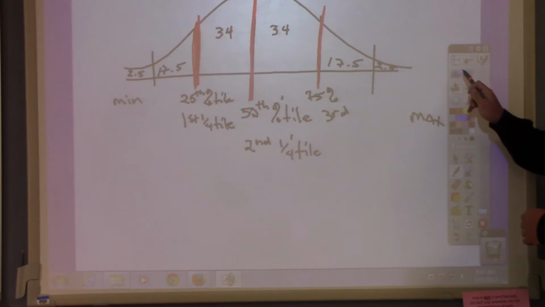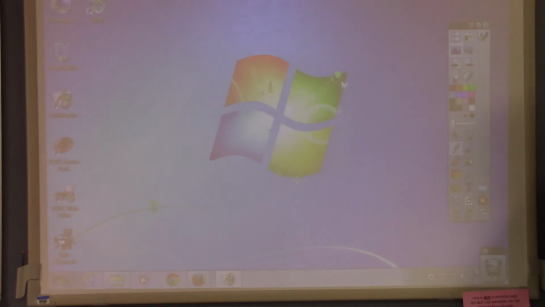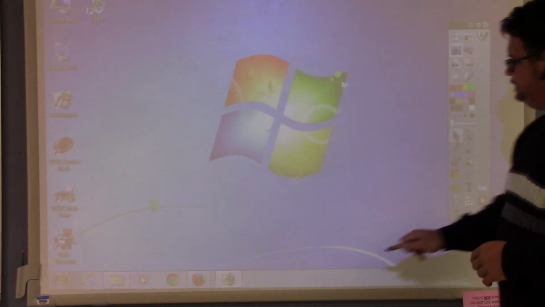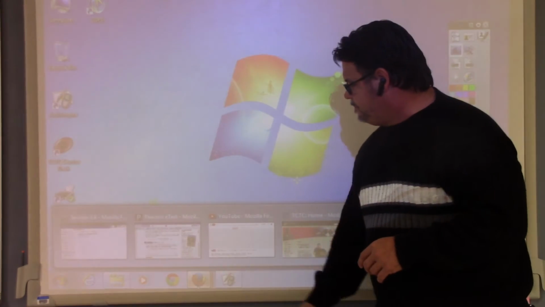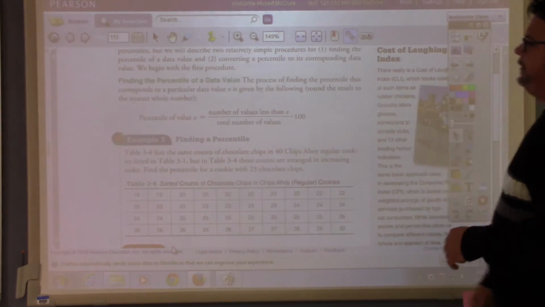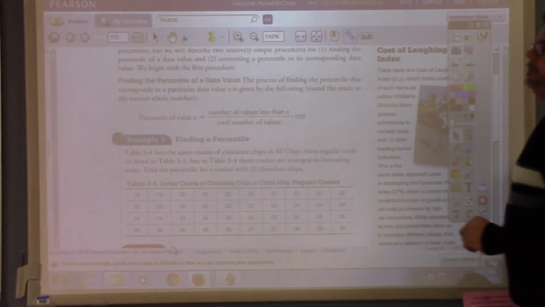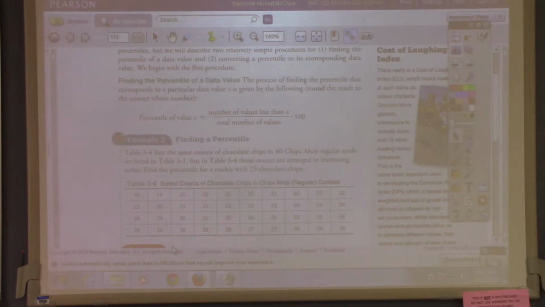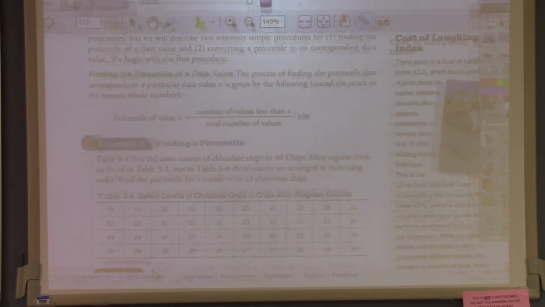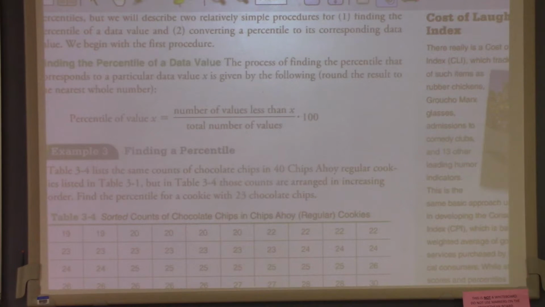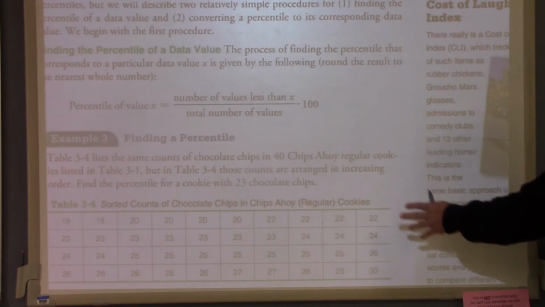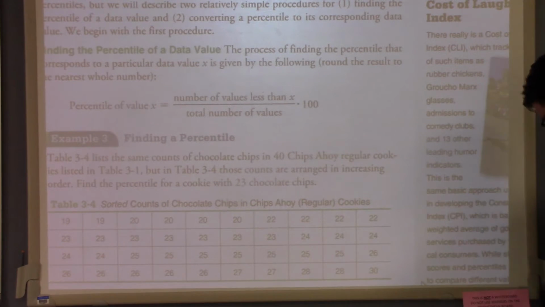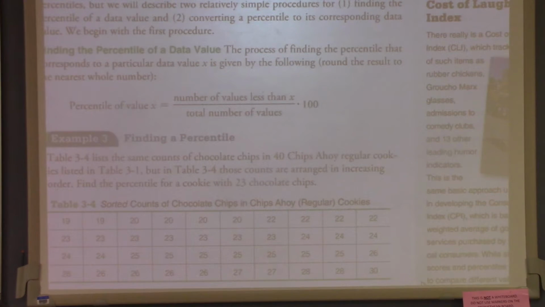Now, the formula for finding the percentile of a value is right here. In other words, you're given a bunch of numbers, and they ask you, what is 23?